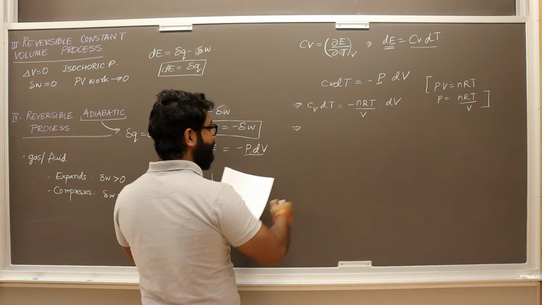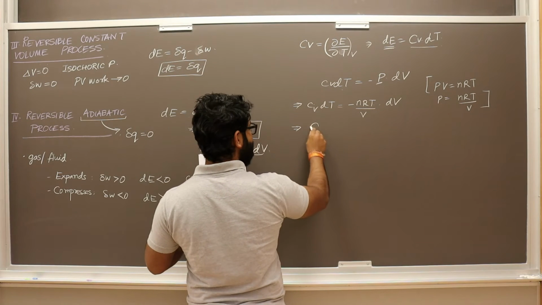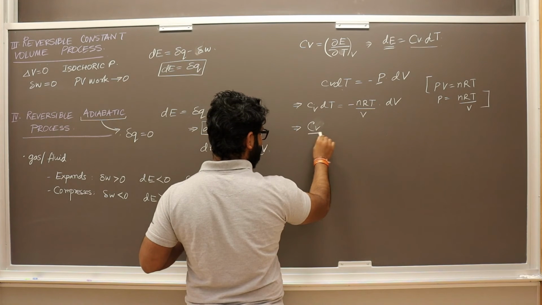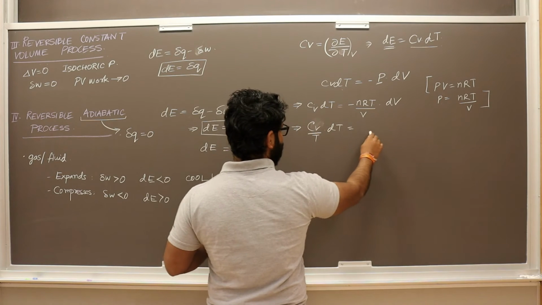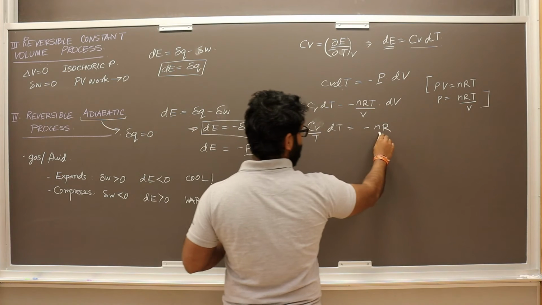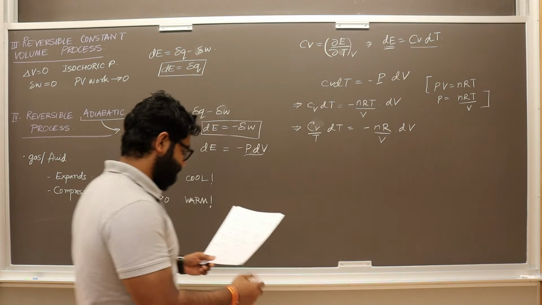So let's bring the temperature to this side. So this becomes CV, this temperature comes this side, this becomes dT over T, this remains nR by V dV, okay?